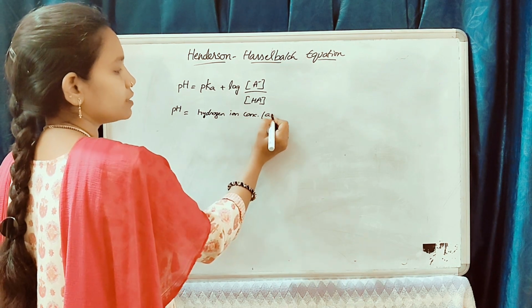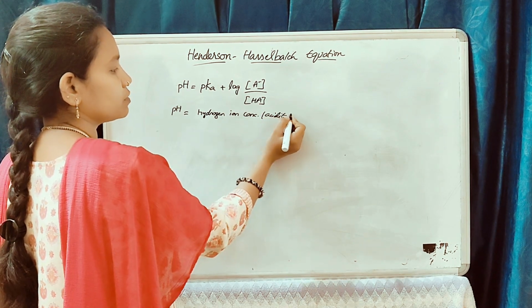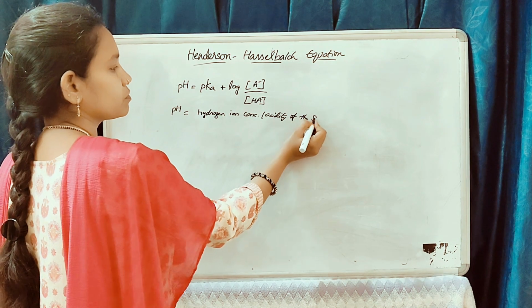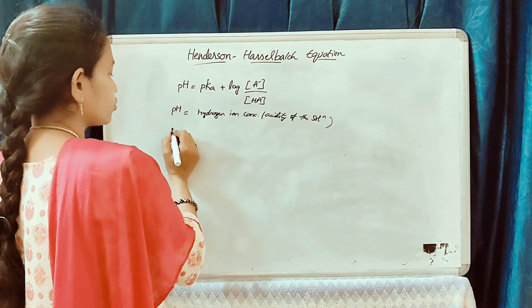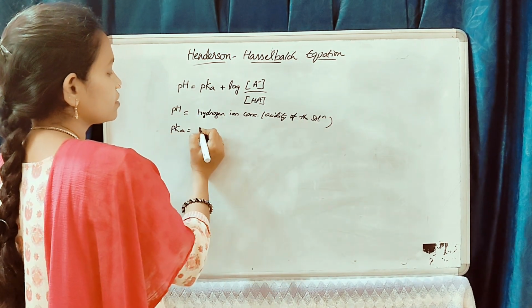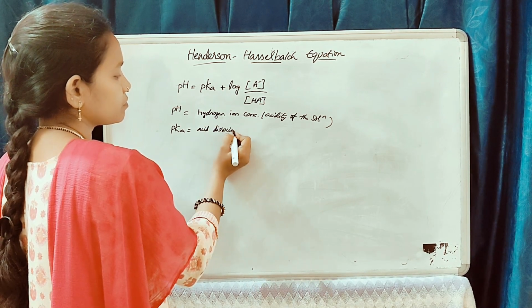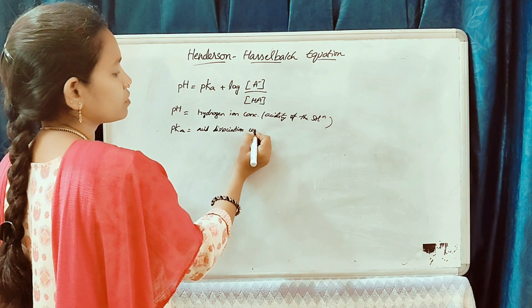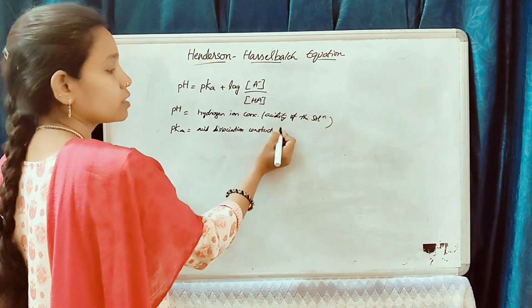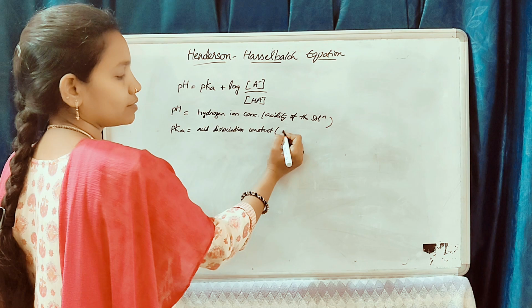It tells us the acidity of the solution. And what is pKa? It is the acid dissociation constant, meaning it tells us how strong or weak the acid is, right?